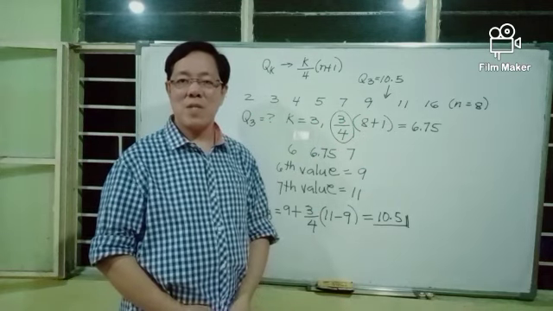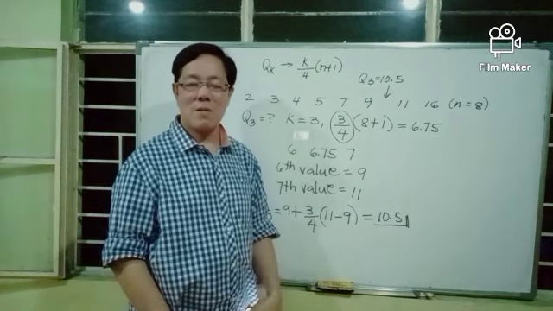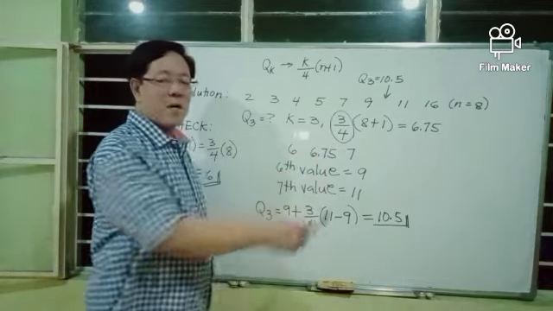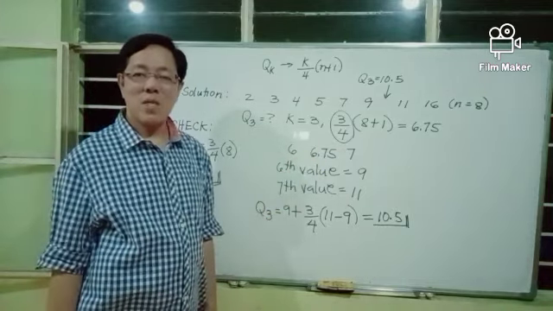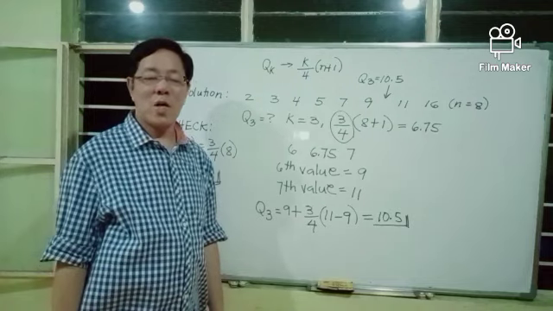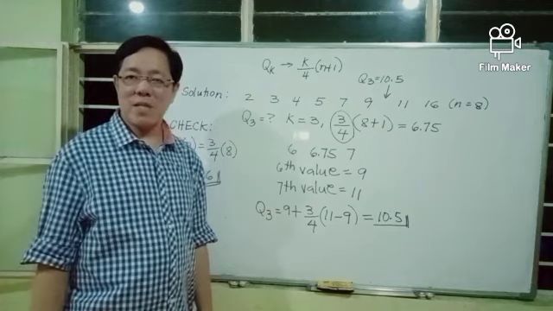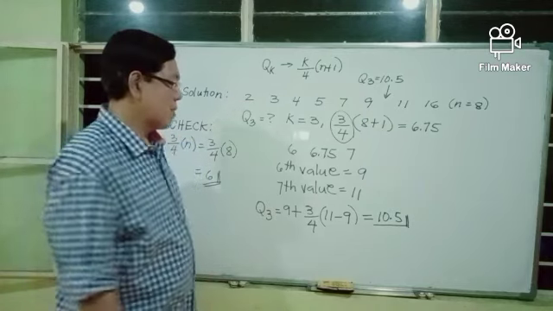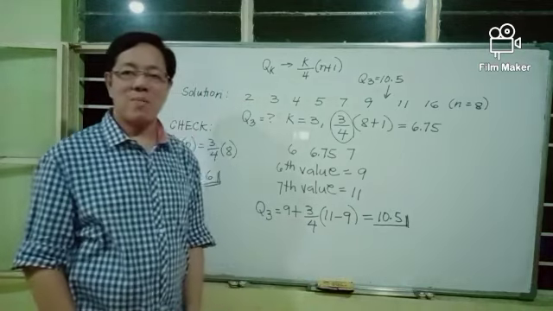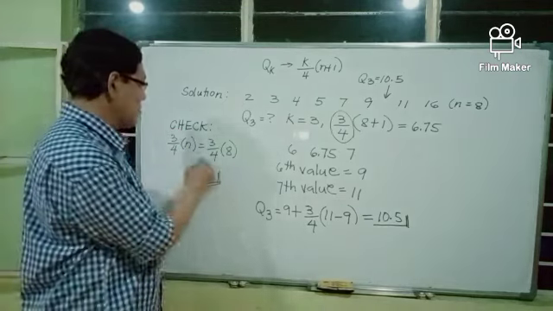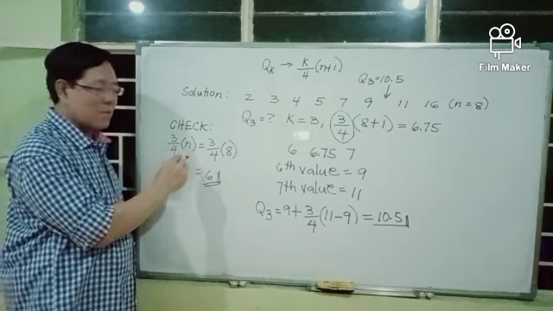Now, the definition of the third quartile also says that the other 25%, since 3/4 is 75%, or 1/4 of the values, are greater than the third quartile 10.5. So we calculate 1/4 or 25% of the number of values, n, which is 8.